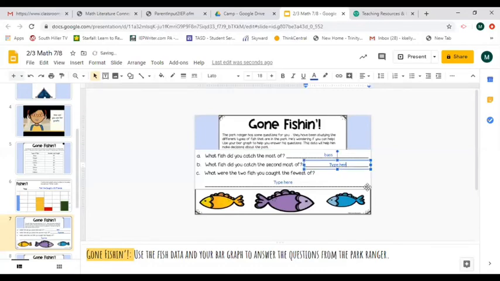And then C, what were the two fish that you caught the fewest of? So what two bars on the graph were the lowest?